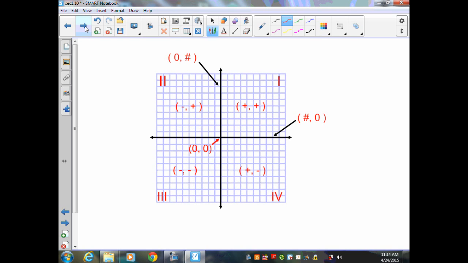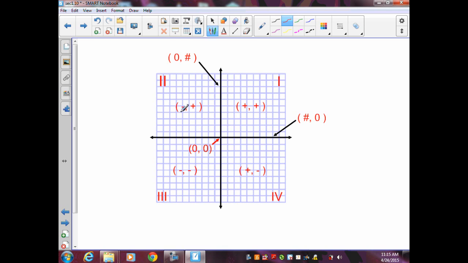So you can see, this is how you get to be placed on a coordinate plane. If I am on the x-axis, my ordered pair, the x-coordinate is some real number, and my y-coordinate is 0. To be on the y-axis, my x-coordinate is 0, my y-coordinate is some real number. To be in quadrant 1, my x-coordinate is positive, my y-coordinate is positive.